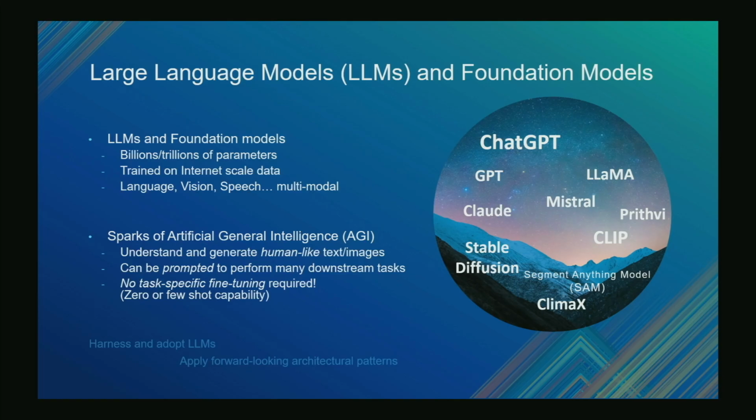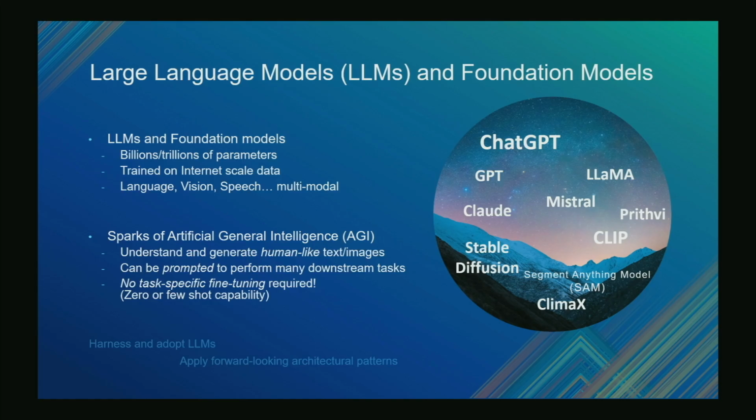They are trained on billions and even trillions of parameters. There are many layers of neural networks, and they are really huge in size. They are also trained on internet scale data. So it has built an internal understanding of the world. You don't need to teach it specific things. It already comes with some knowledge that is acquired.